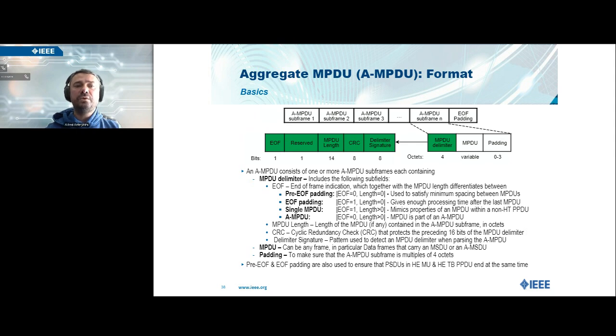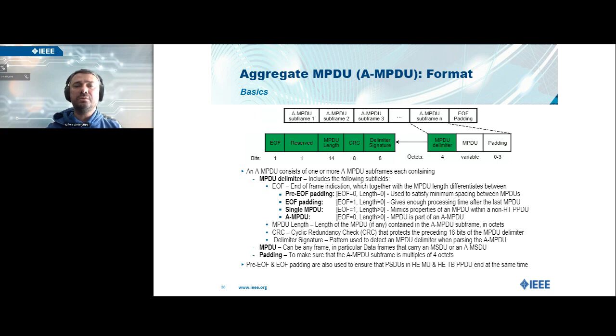And then we have end-of-frame padding, which is identified by a setting of the EOF field to 1 and the length equal to 0, to differentiate it from the pre-EOF padding. It gives the station enough processing time after the last MPDU so that it decodes the packet, updates the block-ACK scoreboards, and generates the immediate response. The EOF equal to 1 and the length greater than 0 identifies a single MPDU, which mimics the properties of an MPDU carried in a non-HT PPDU.